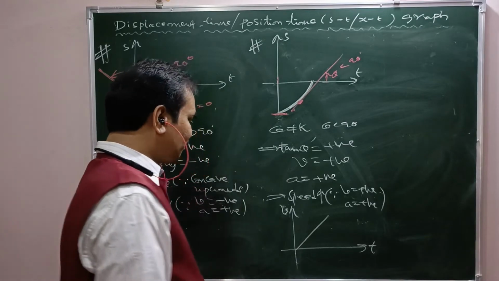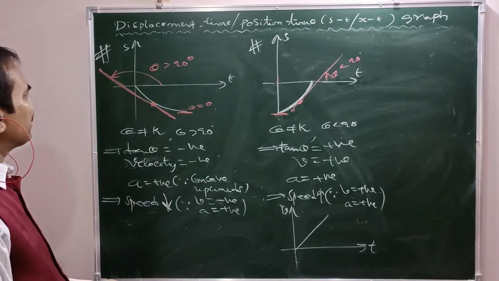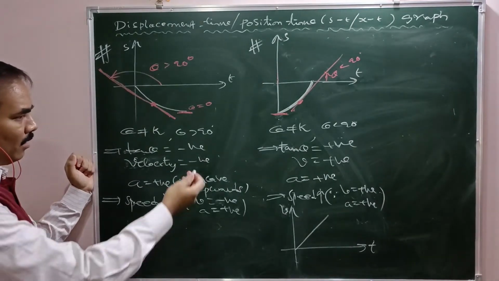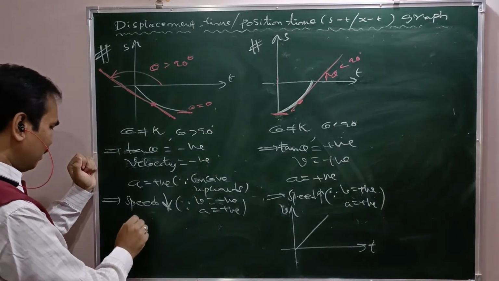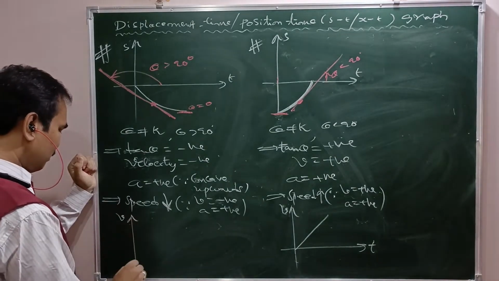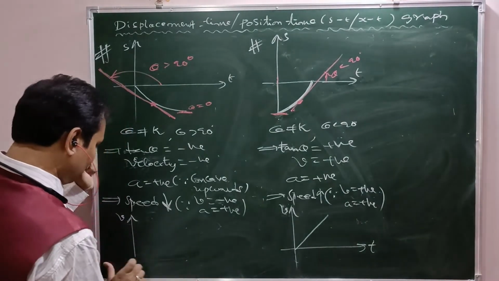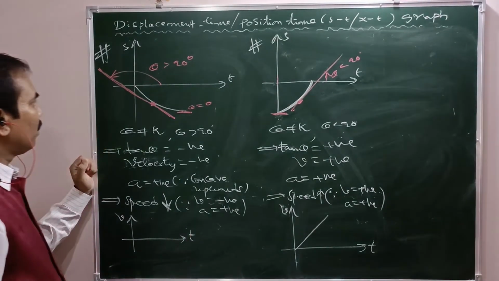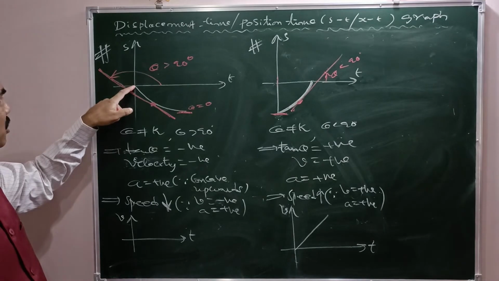Now coming to the previous one. If I transform the s-t graph into a v-t graph, what about the initial slope somewhere here?